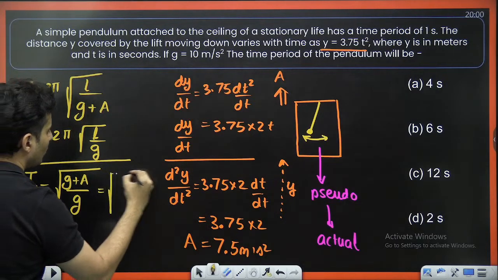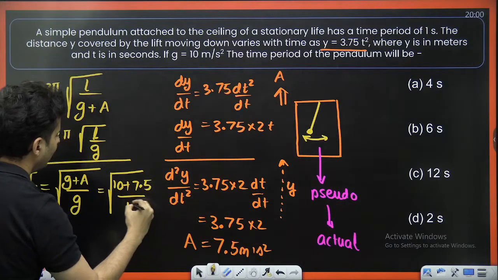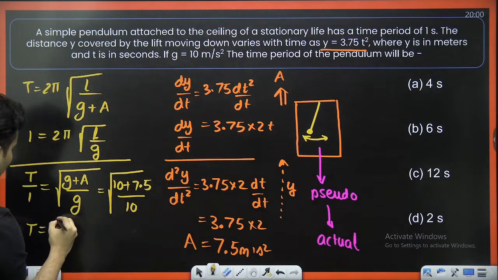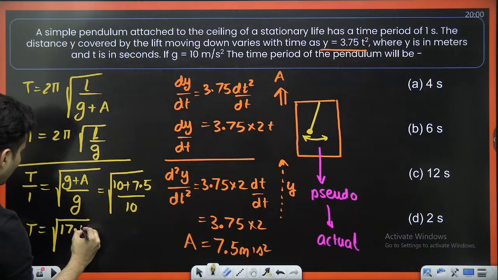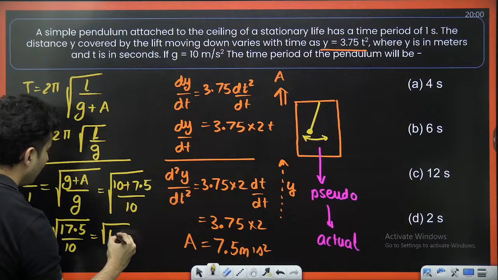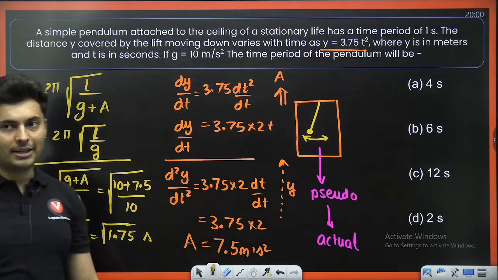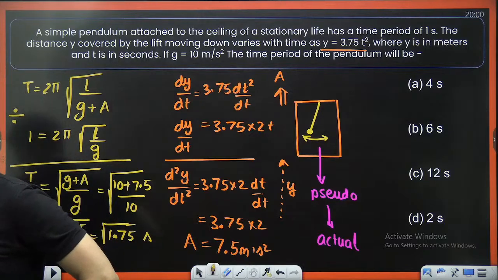So that will be root of 10 plus 7.5 by 10. So time period will be root of 17.5 divided by 10, which is root of 1.75. That is the value of the time period.